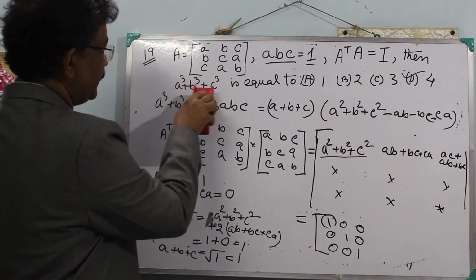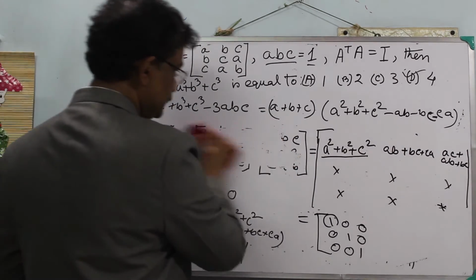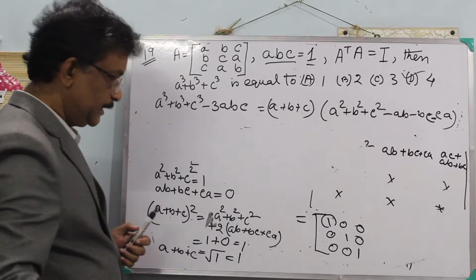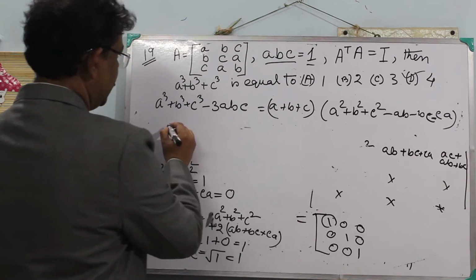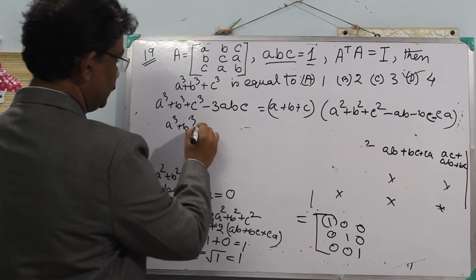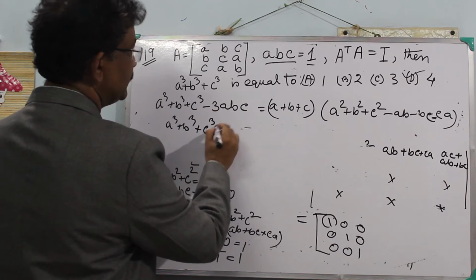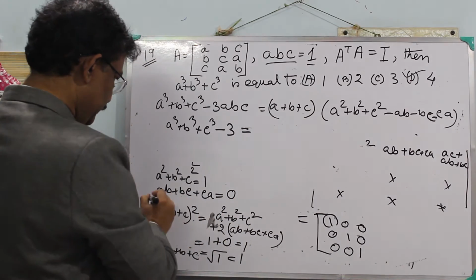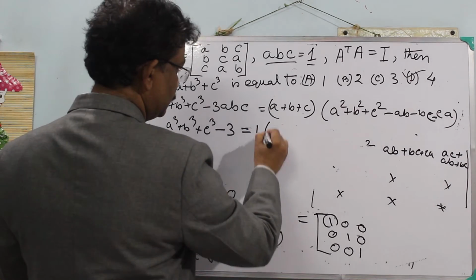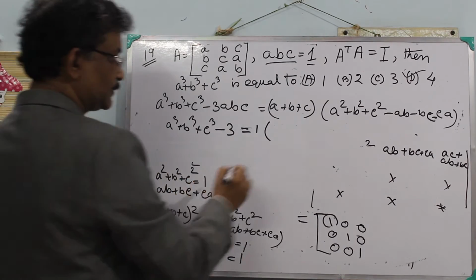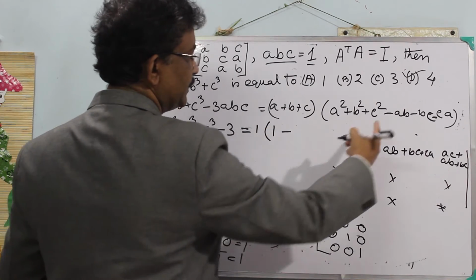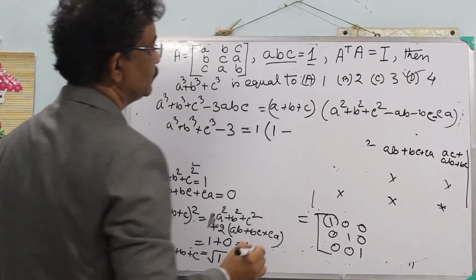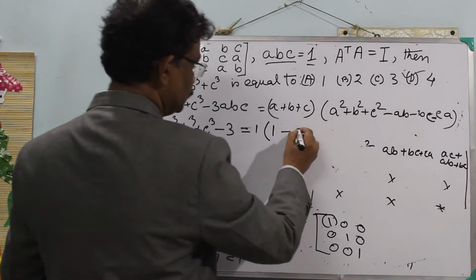It is required to calculate a cube plus b cube plus c cube. So a cube plus b cube plus c cube minus 3abc, with abc equal to 1, so minus 3, equals a plus b plus c, which is 1, into a square plus b square plus c square minus (ab plus bc plus ca), whose value is 0.